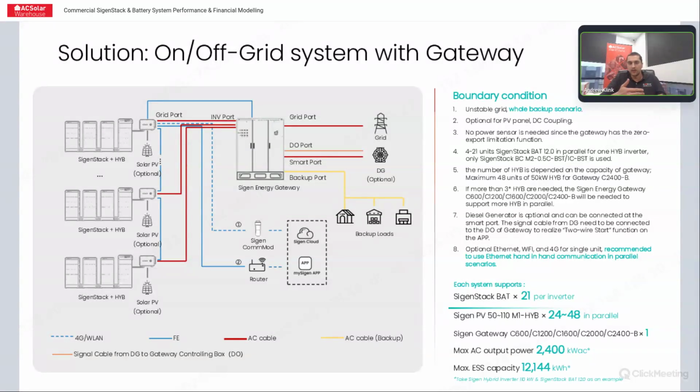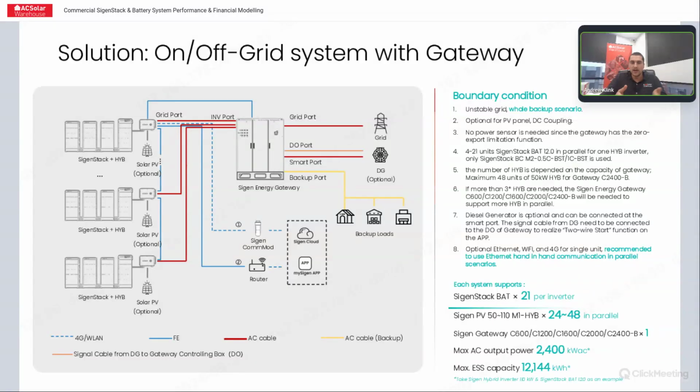So initially, any systems that require gateways will require a custom gateway design, until there's an idea about what type of gateways Sigenergy might want to bring to the market. The good thing about having the gateway is that it would allow you to install more than 3 HYB inverters in parallel.